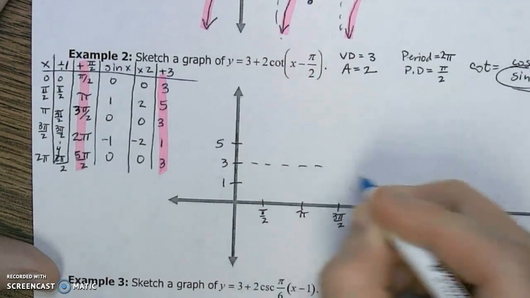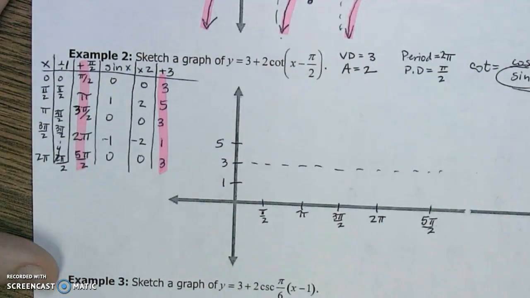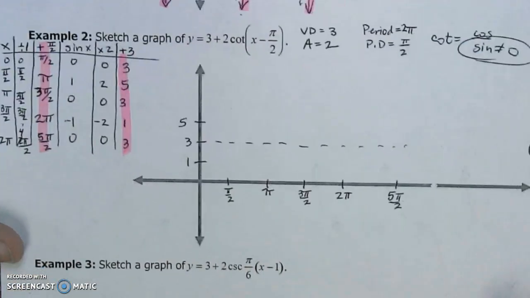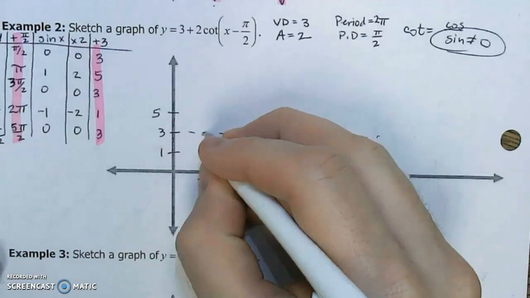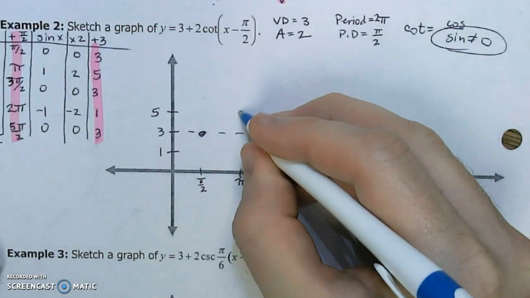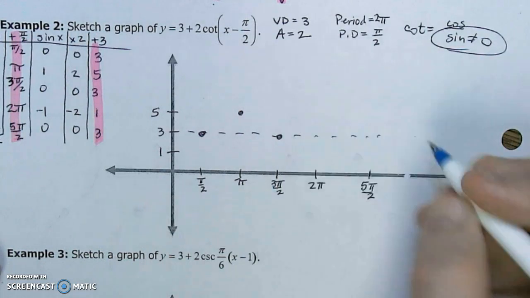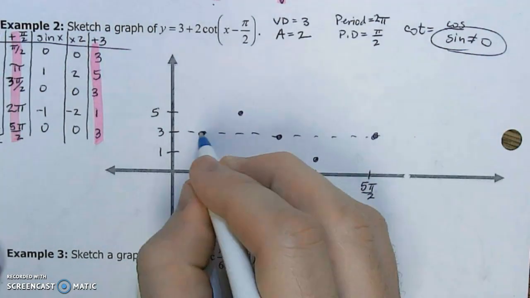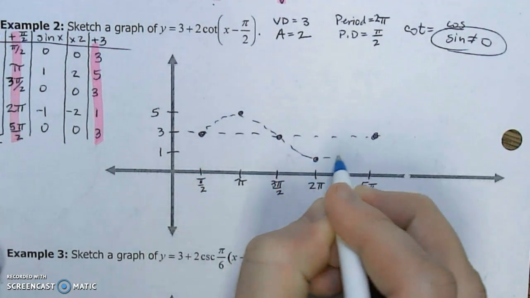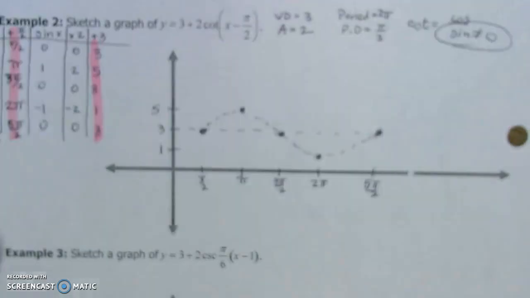And I'm going to draw my sinusoidal axis at 3. So now I'm going to graph my sine. At pi over 2, it's at 3. Pi is at 5. 3 pi over 2 is at 3. 2 pi is at 1. 5 pi over 2 is at 3. And we make a dotted sine wave because it's not really our graph.